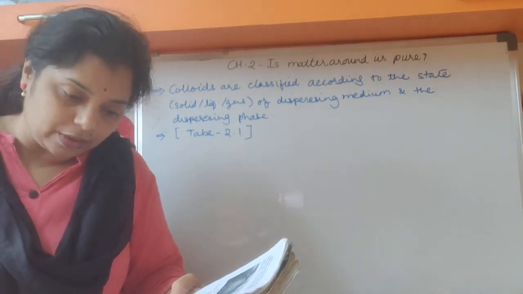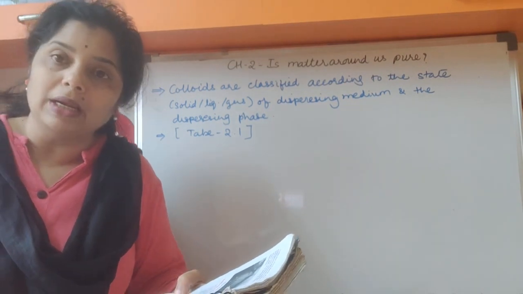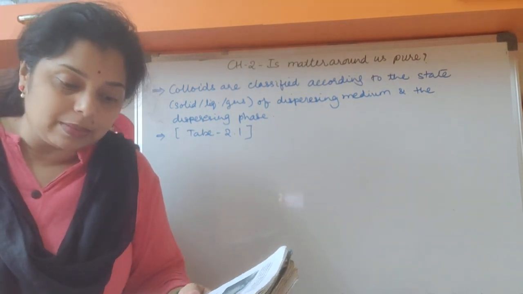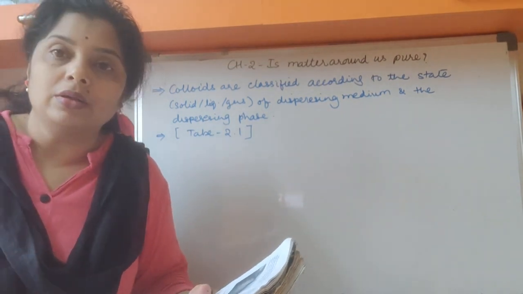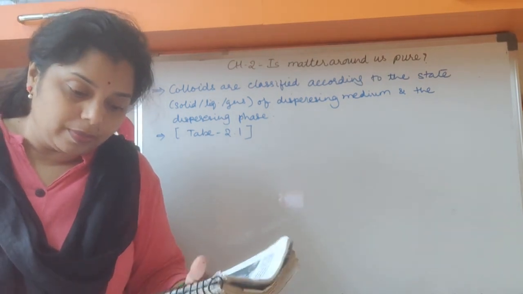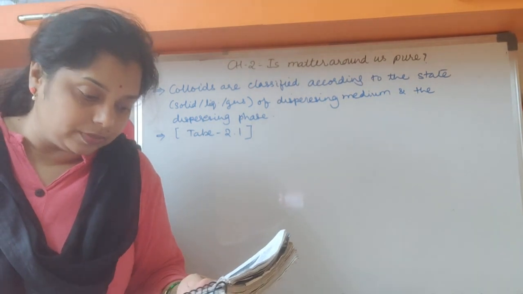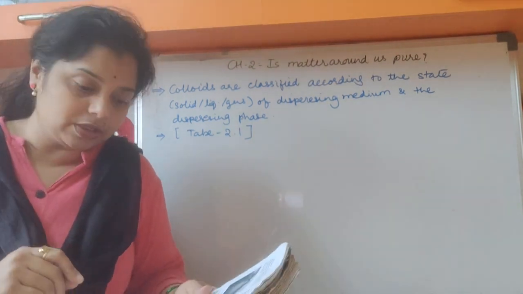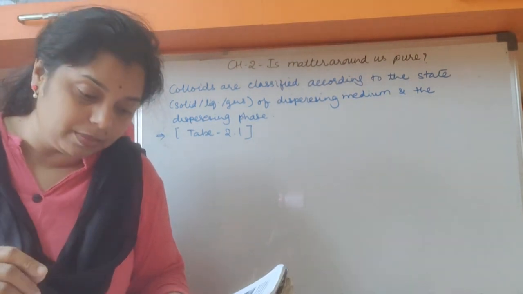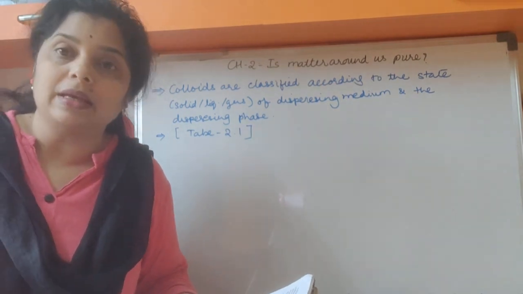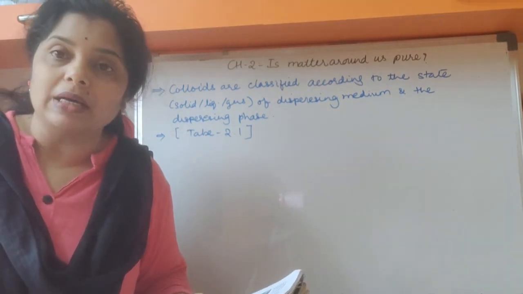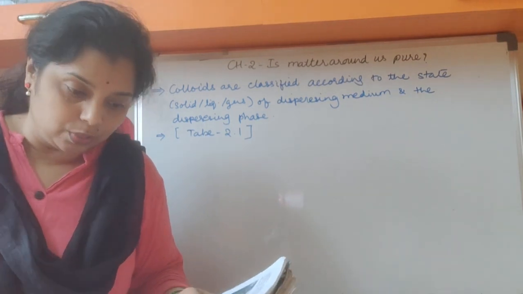Again it is an aerosol: smoke, automobile exhaust. Such examples are given in table number 2.1. So do read it and try to understand what the dispersed phase is, what the dispersing medium is, and its type and examples. Okay, this may be asked in 1 or 2 marks questions.